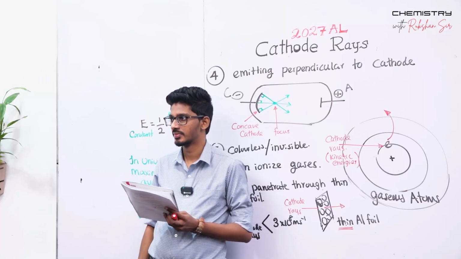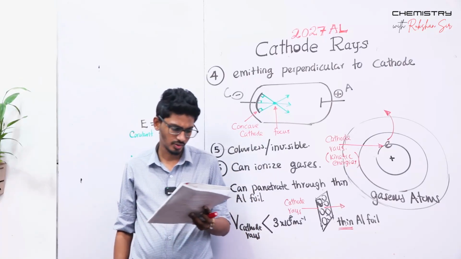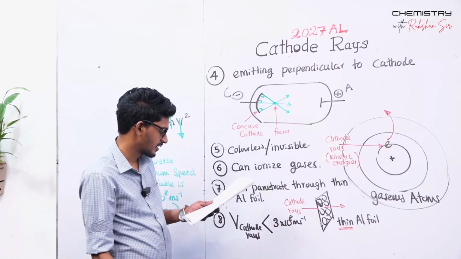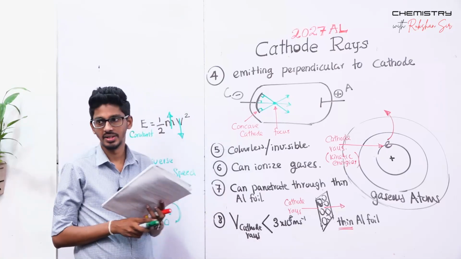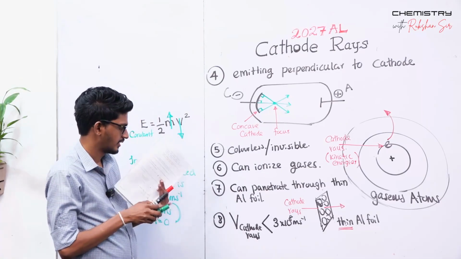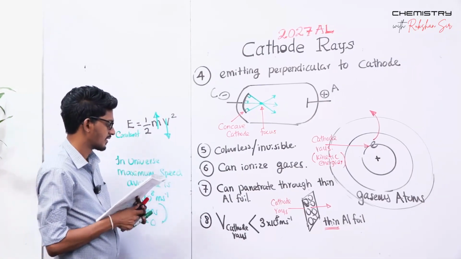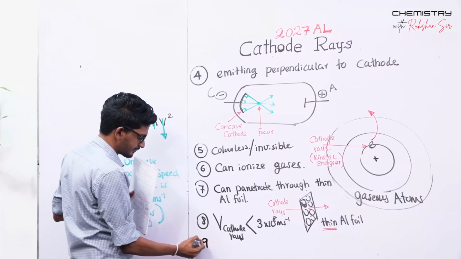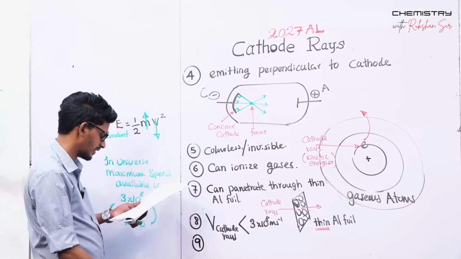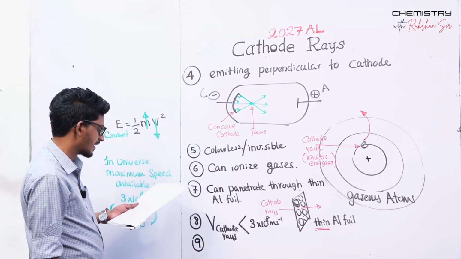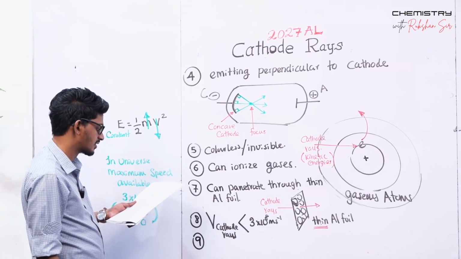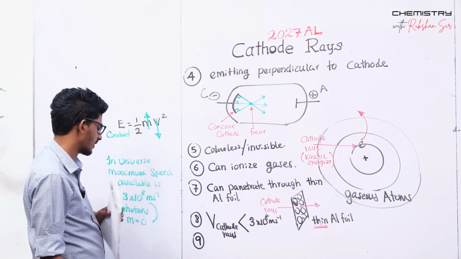Okay. Let's come to statement number 9. What does it say? X-rays could be generated after the collision of cathode rays with a metal target.